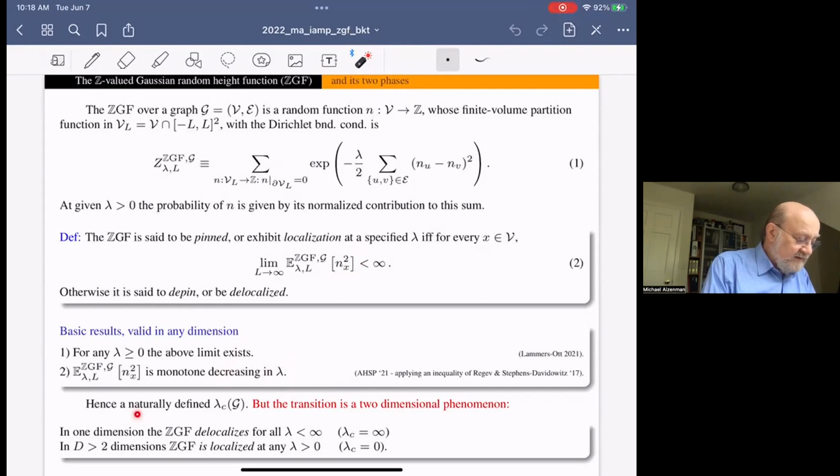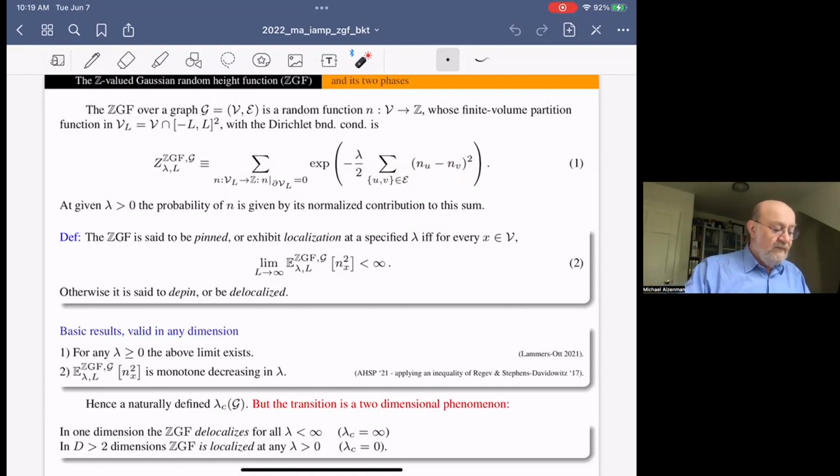From this, it follows that there is a naturally defined critical value, lambda c, at which the transition from confinement to deconfinement may occur. But this transition is a two-dimensional phenomenon. In one dimension, this random field has a Markov property, and when you look at the history of this function from a boundary, it actually performs a random walk.